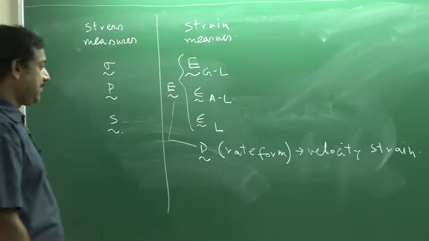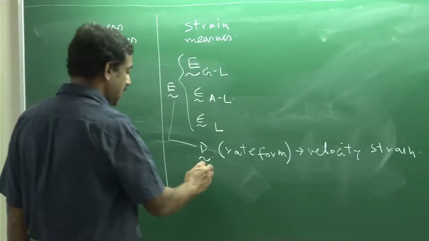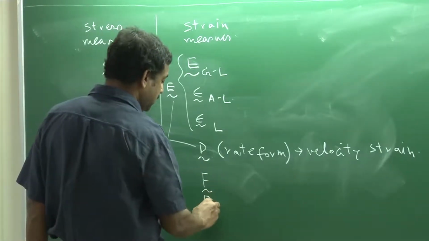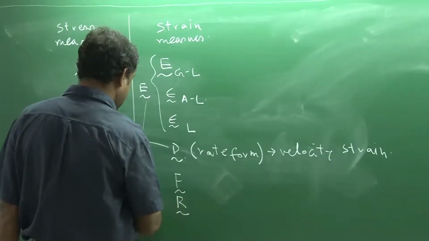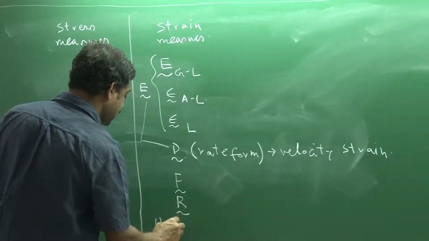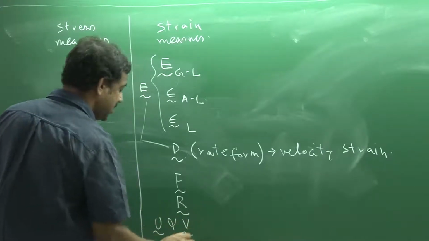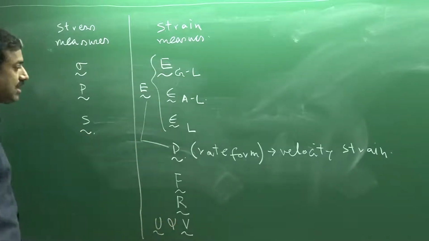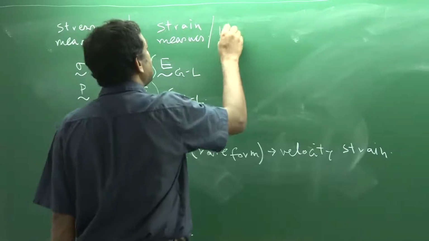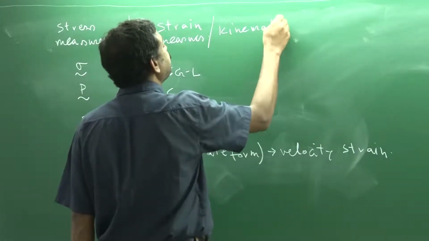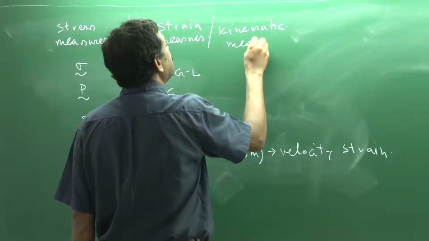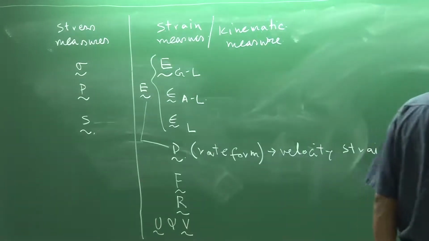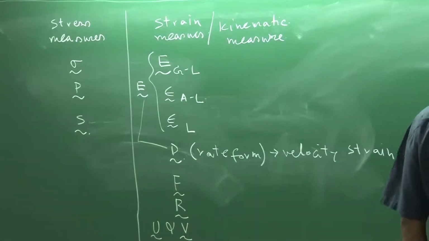The heart of this is the deformation gradient F, and also the rotation tensor, and the left Cauchy-Green stretch tensor or right Cauchy-Green stretch tensor. These are all kinematic measures, or deformation measures.